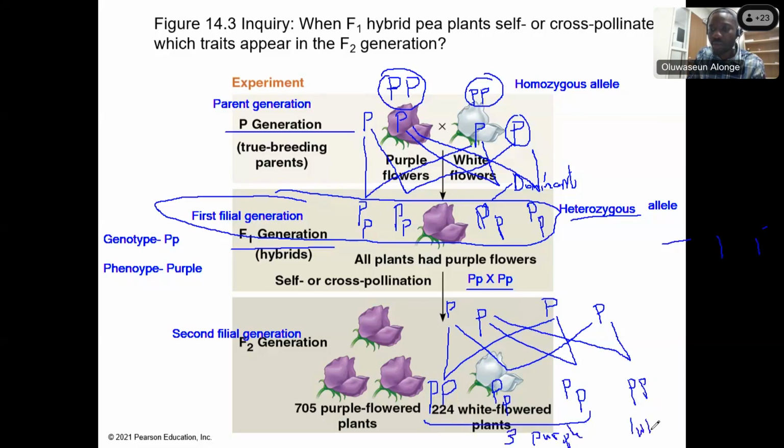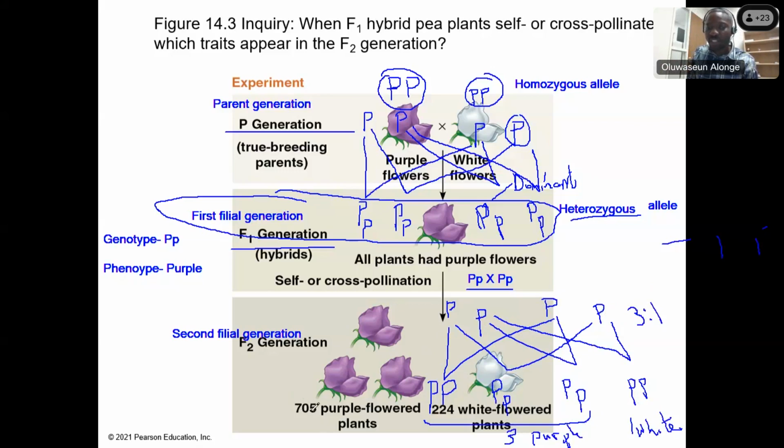Now, what does that mean? It means it is 3:1. So the ratio that determines the phenotype, we call the phenotypic ratio. It is 3:1.